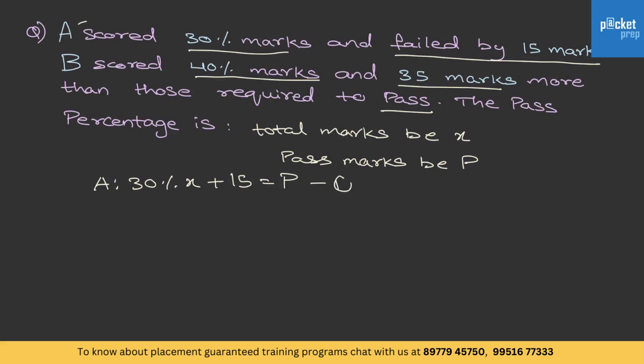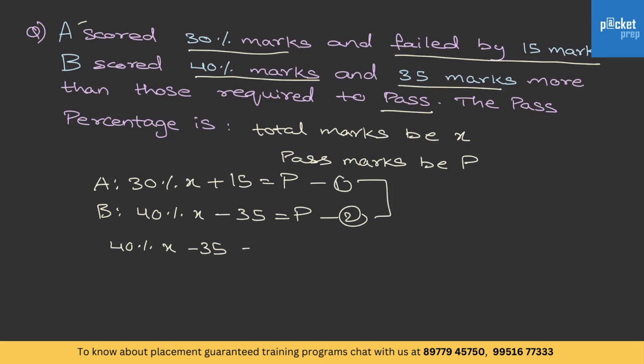Let this be equation 1. And if we see case B, he got 40% marks and 35 more. That is, 40% of X minus 35 gives us pass marks. Let this be equation 2. As both the equations are giving P value, let's equate both, which gives 40% X minus 35 is equal to 30% X plus 15.